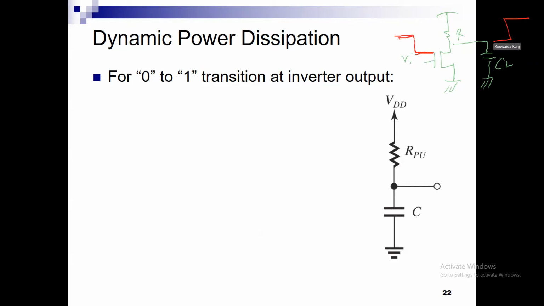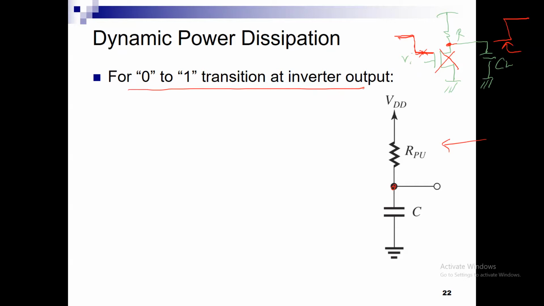For a 0 to 1 transition at the output, the resistor is responsible for this pull up, because when the input is 0, the NMOS device will be off. So we will end up with a resistor trying to pull up a capacitor that was initially at 0, and the output is going to transition from 0 to 1.